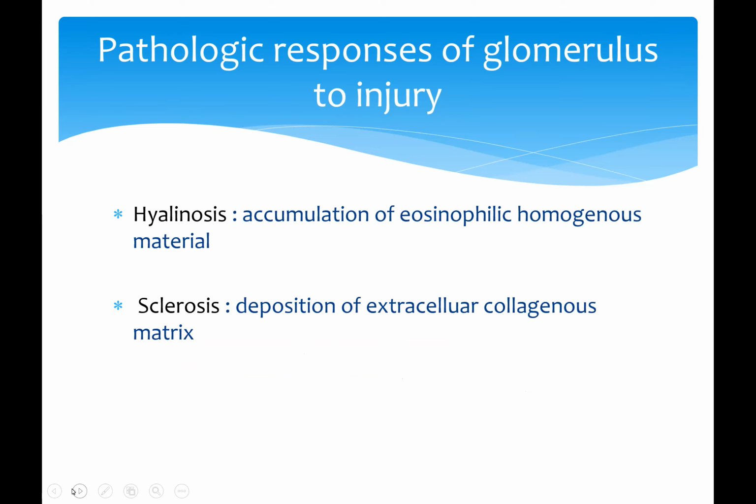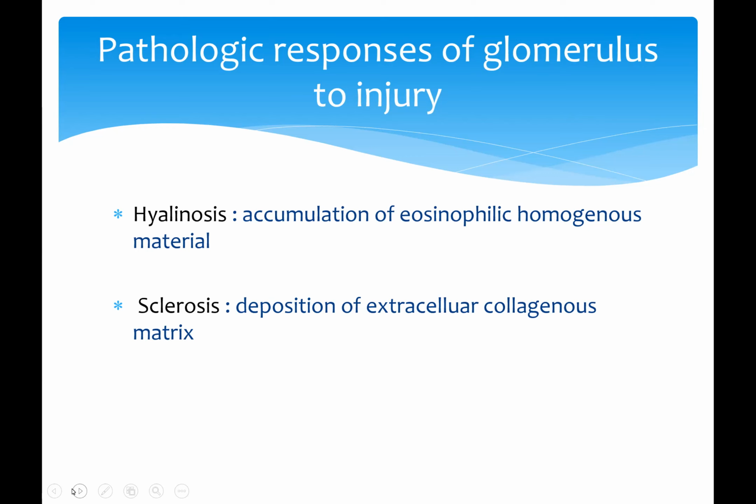When extensive, these deposits may obliterate the capillary lumen of the glomerular tuft. Hyalinosis is usually a consequence of endothelial or capillary wall injury, and typically the end result of various forms of glomerular damage.